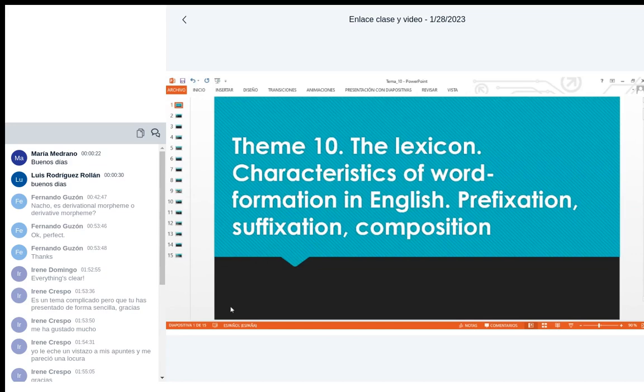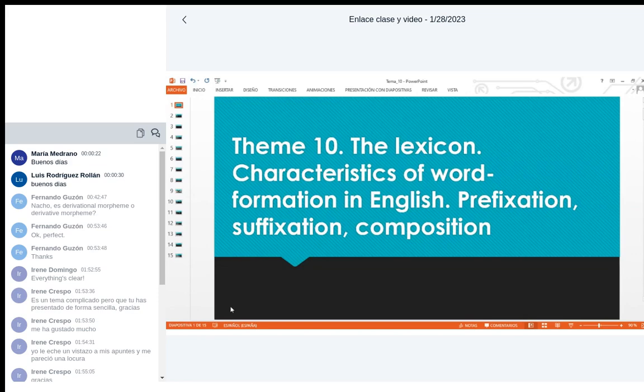Nowadays, this approach has changed, and we've got this new grammar called the cognitive grammar, la gramática cognitiva, which proposes the idea of making the students aware of what they are studying, and aware of how the language is formed and the structures that they use.